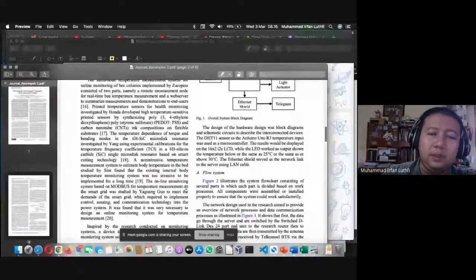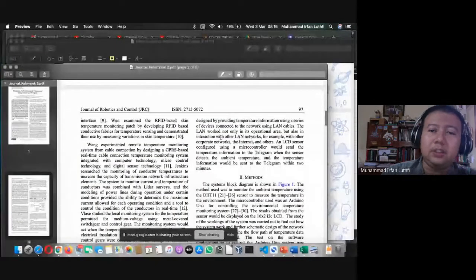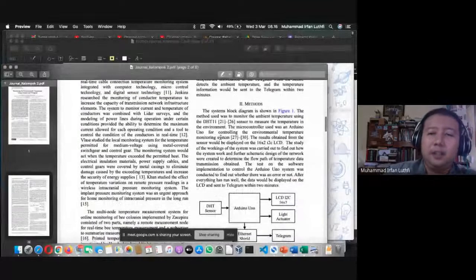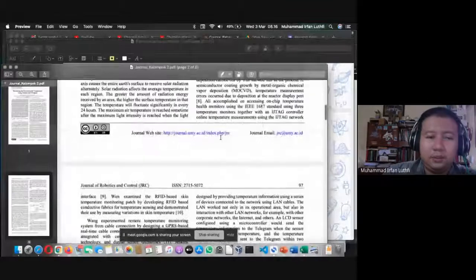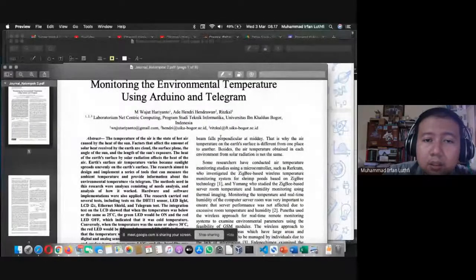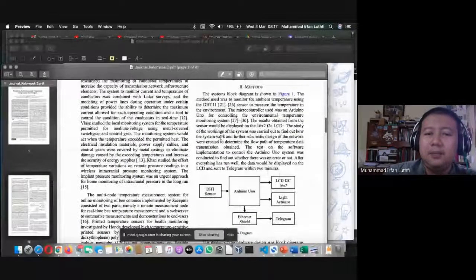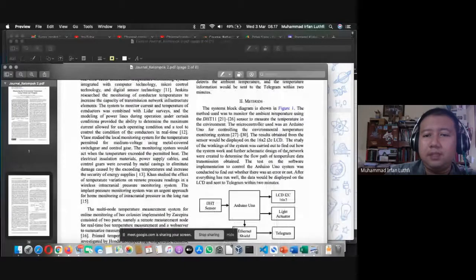Here it was designed to provide better information using a series of connected devices. Okay, that's the first one, and the method. The method is not quite clear here, because they don't mention anything about the method.